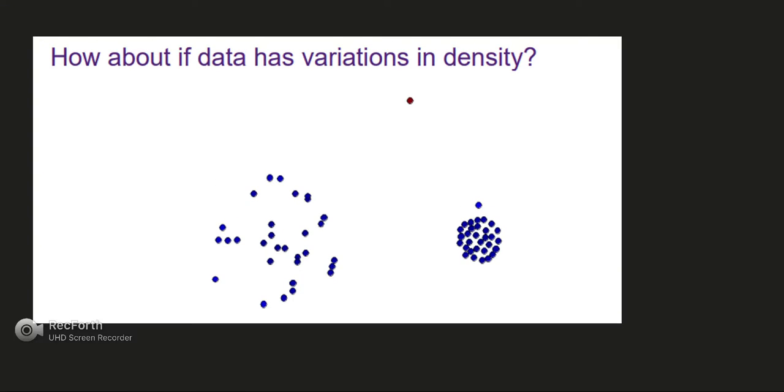Local outlier factor is a density-based outlier detection metric. What does that mean? It means that it takes into account the density of the neighborhood of a point when considering whether it is an outlier. In this case, we take into account the density of the points here and here, and maybe a third closest, which might be that one or that one, when we consider whether this point is an outlier.